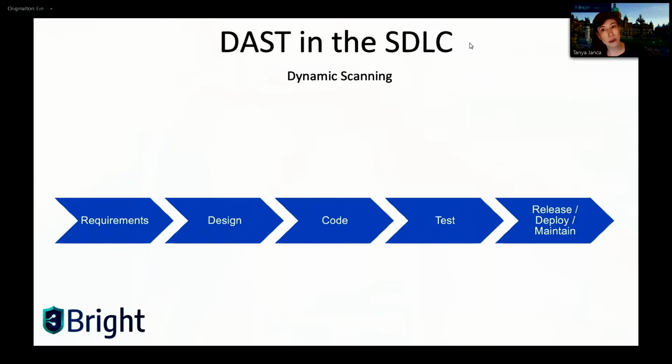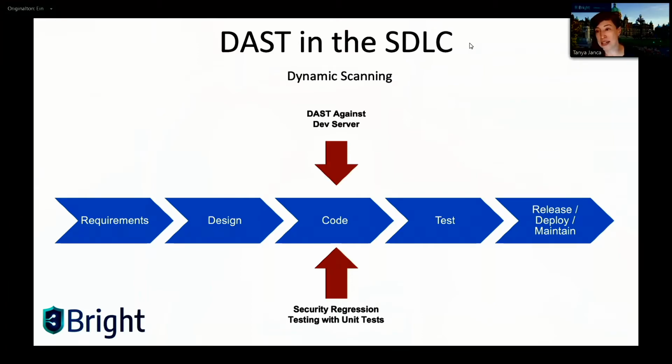So these are places where you can do dynamic scanning. So you could do security regression testing with unit tests. Because the unit test, basically your IDE creates a little baby mini web server and you can do security tests there for the first time. Then you can do dynamic scanning against your dev server or your local host. Then in the testing phase, you can do a full blast DAST.